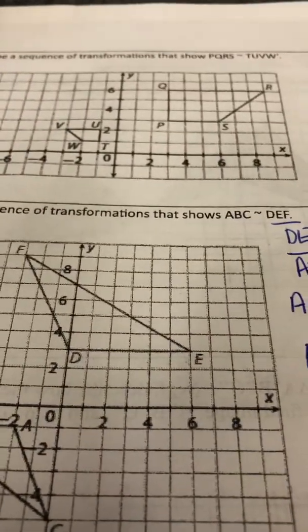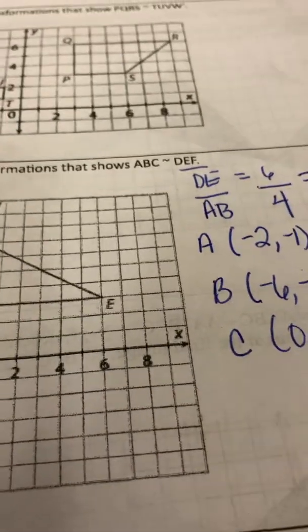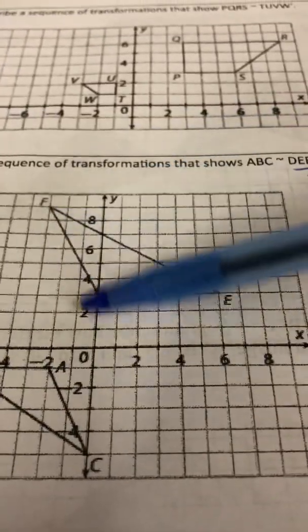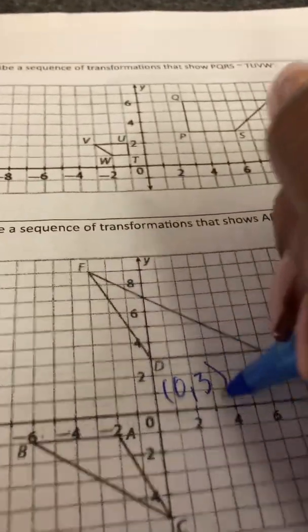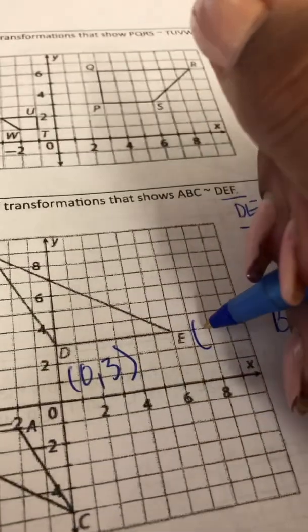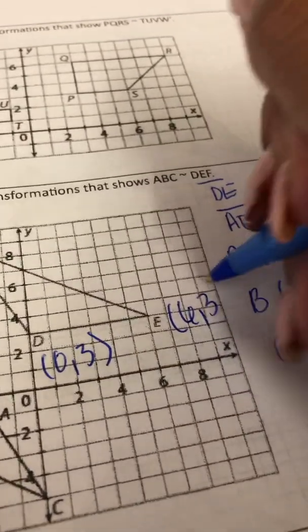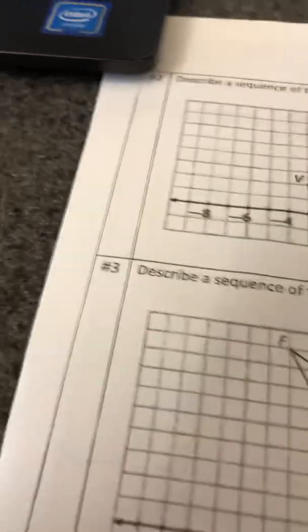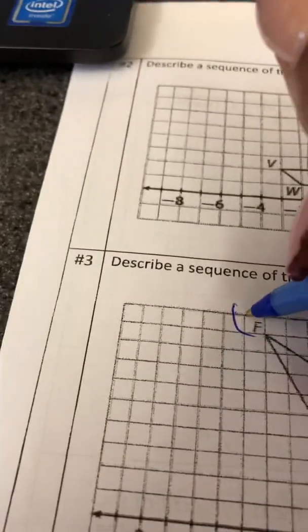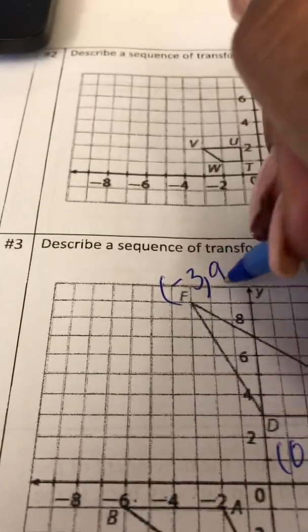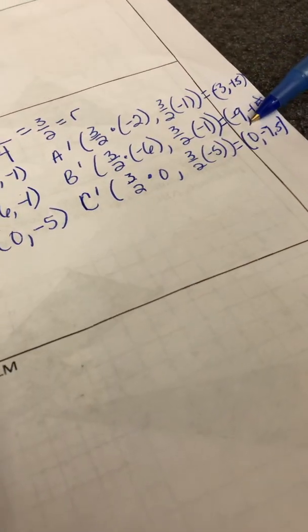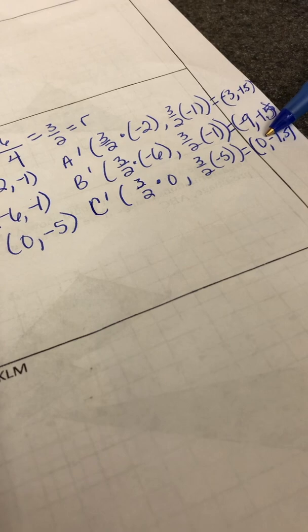Okay, when I plot these points on a grid, this is for D, this is 0, 3, and for E, this is 6, 3, and for F, this is -3, 9. So now look at these points in comparison to my points here. I know that something had to change.